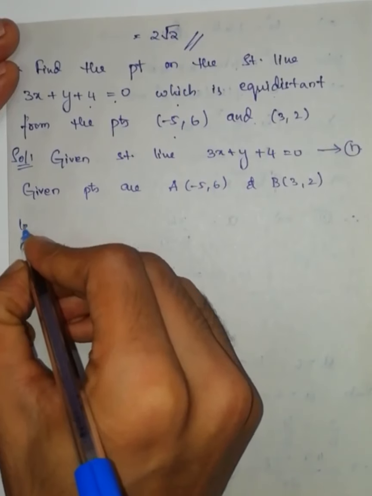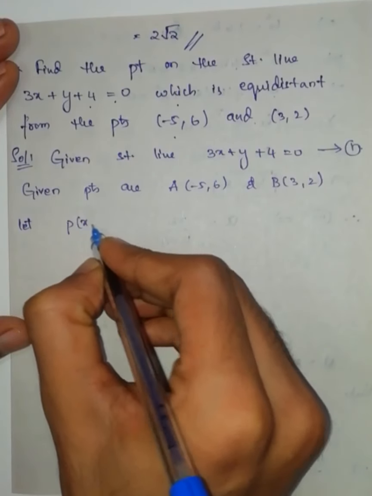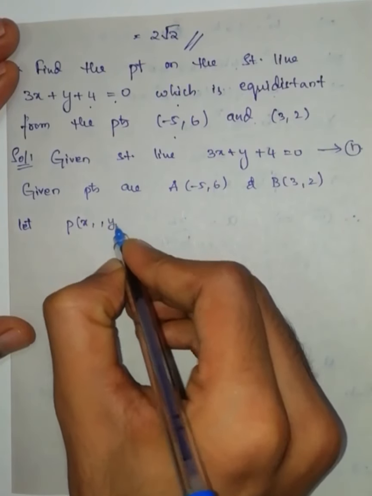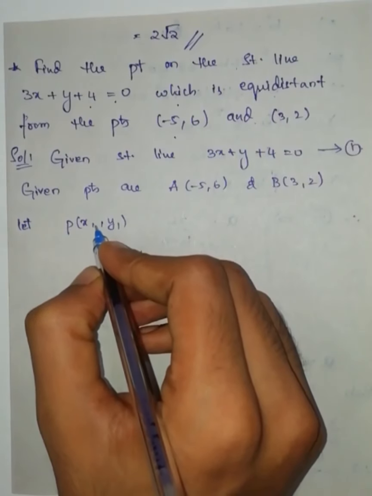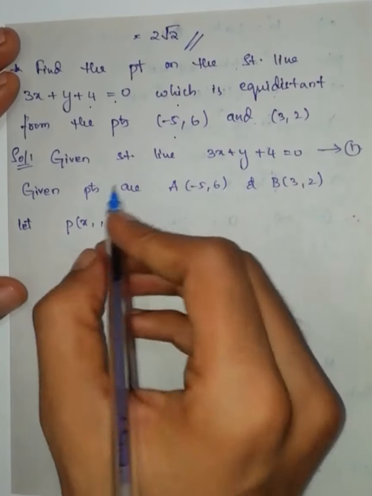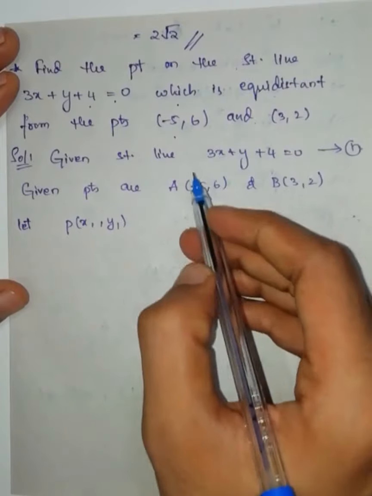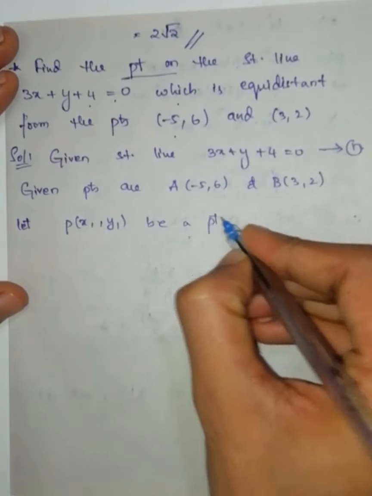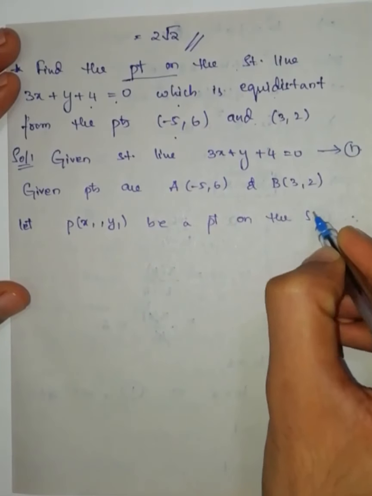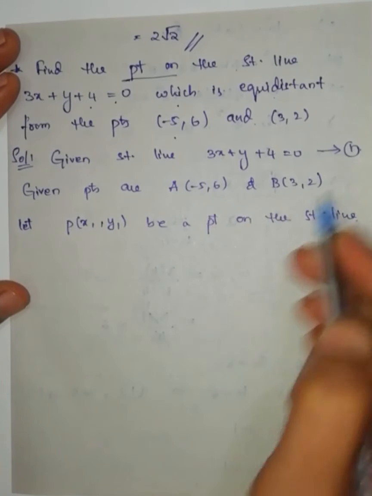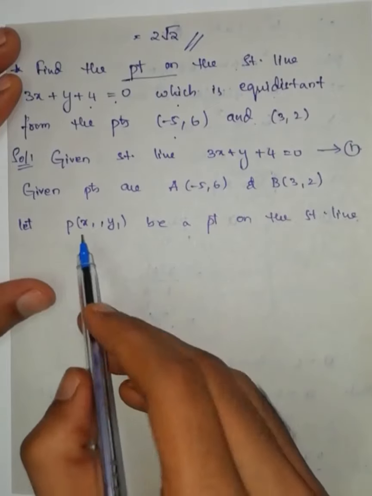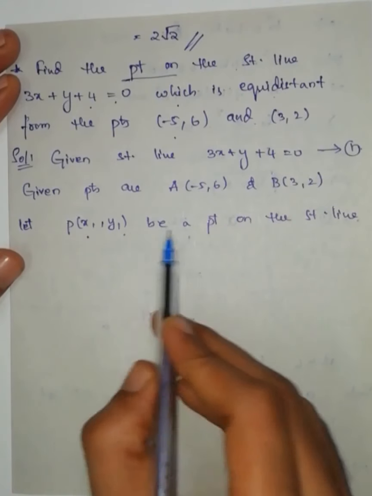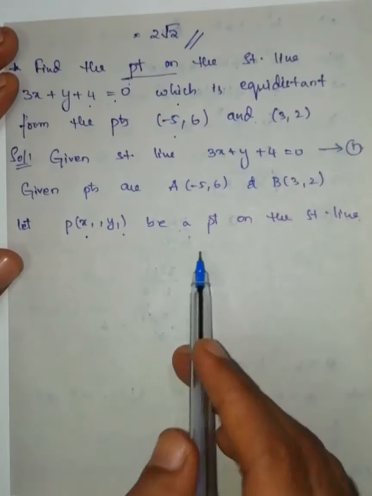Let P of x1 comma y1, or you can take alpha comma beta. Let us take x1 comma y1 be a point on the straight line.